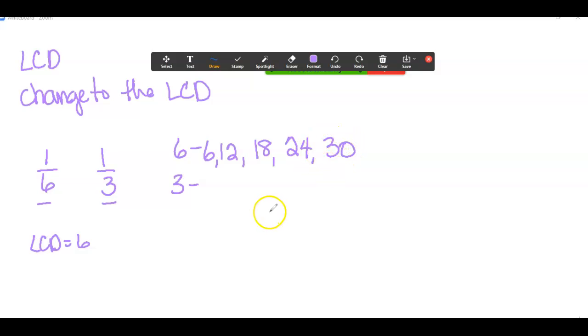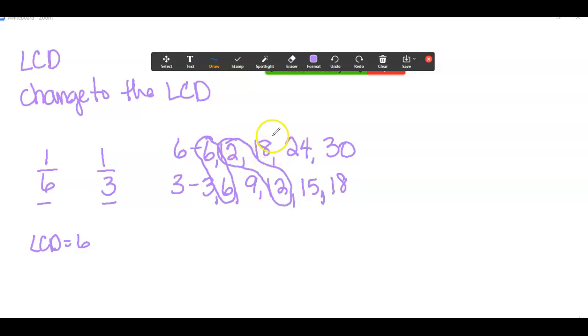There we go. And the multiples of 3 are 3, 6, 9, 12, 15, 18, and I could go on if I want. So I see that 6 is in common. I see that 12 is in common.